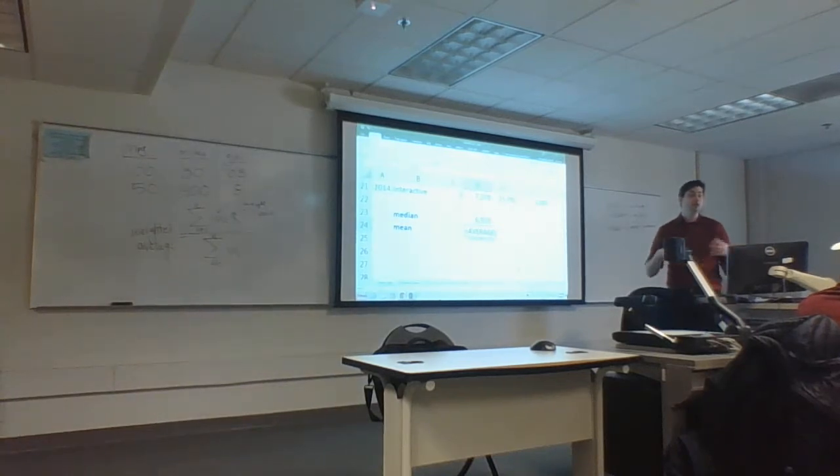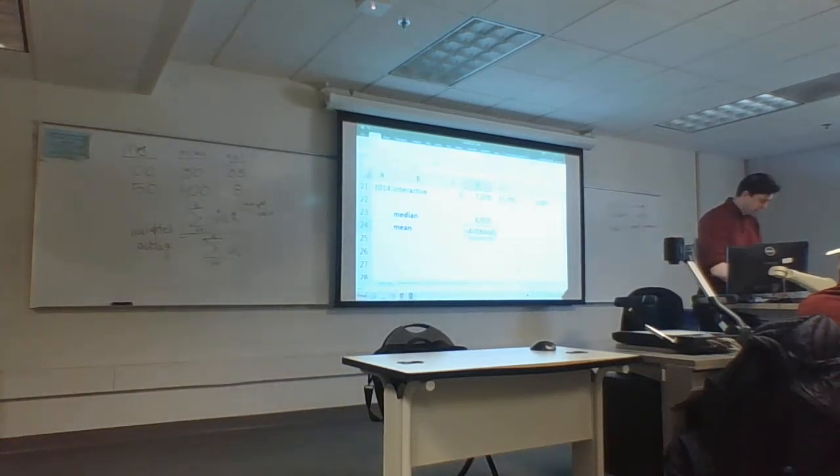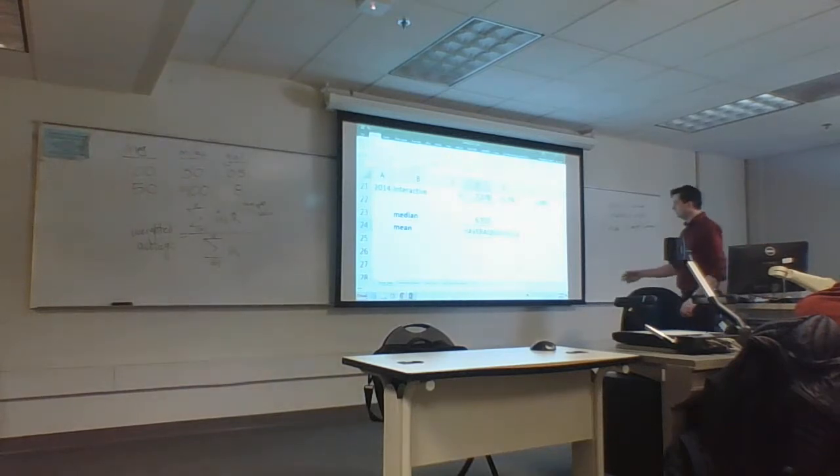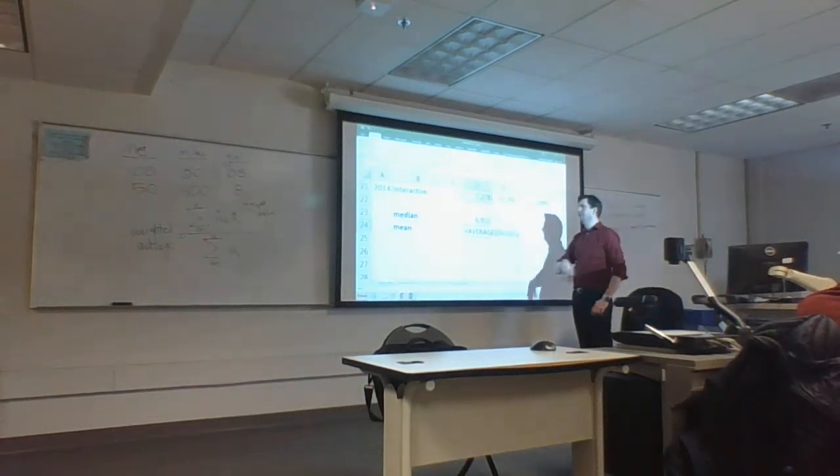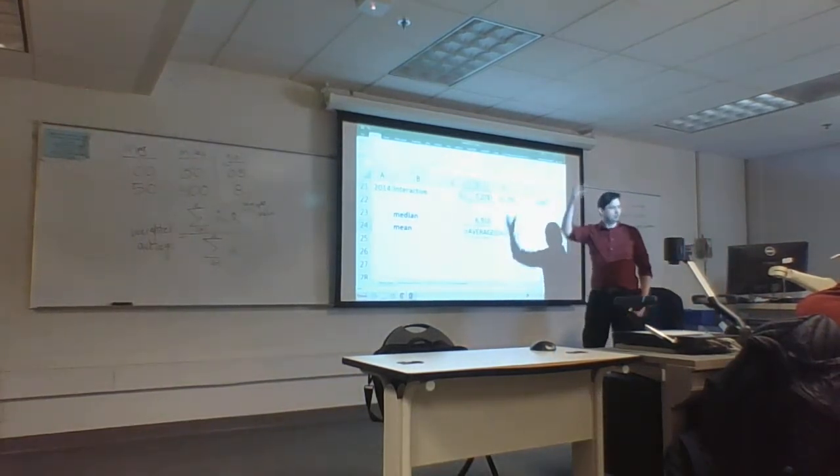And again, if you want, you can type D4 to D21. If you get tired of highlighting things, you can always just type it if you know where you're going, because you don't have to scroll up and down. It saves you a little bit of time.